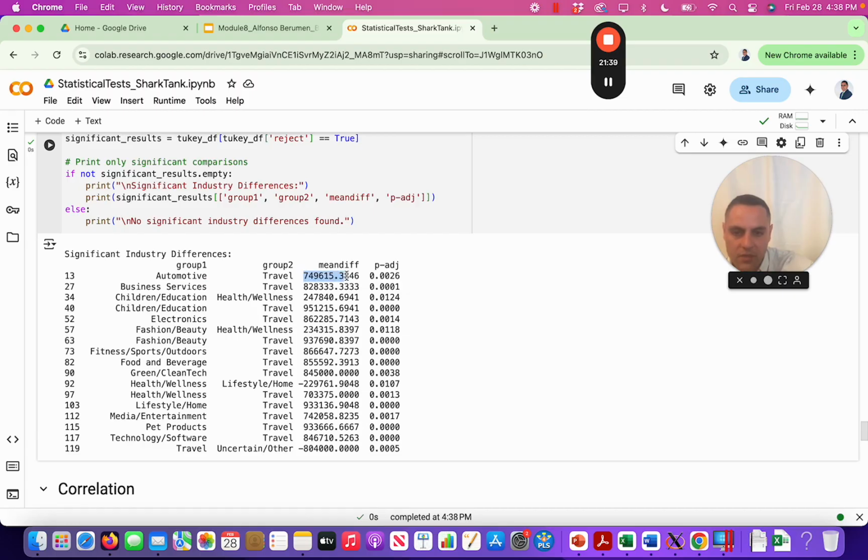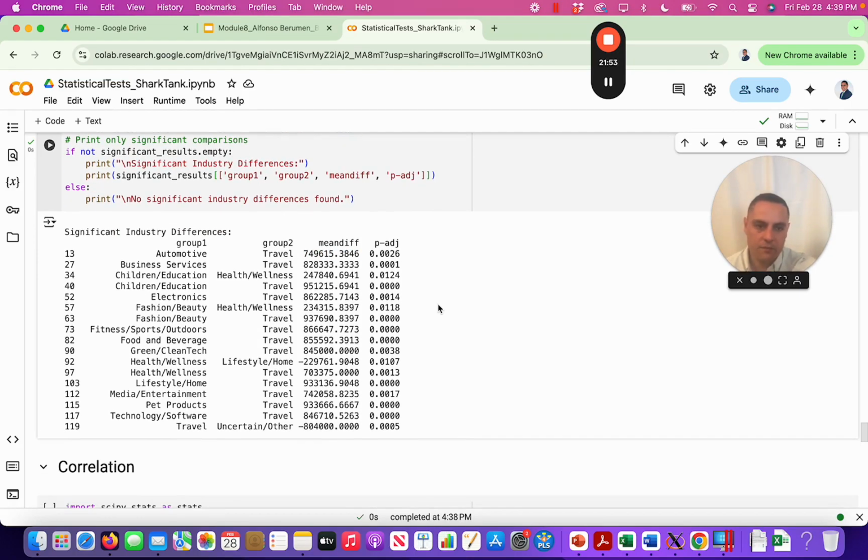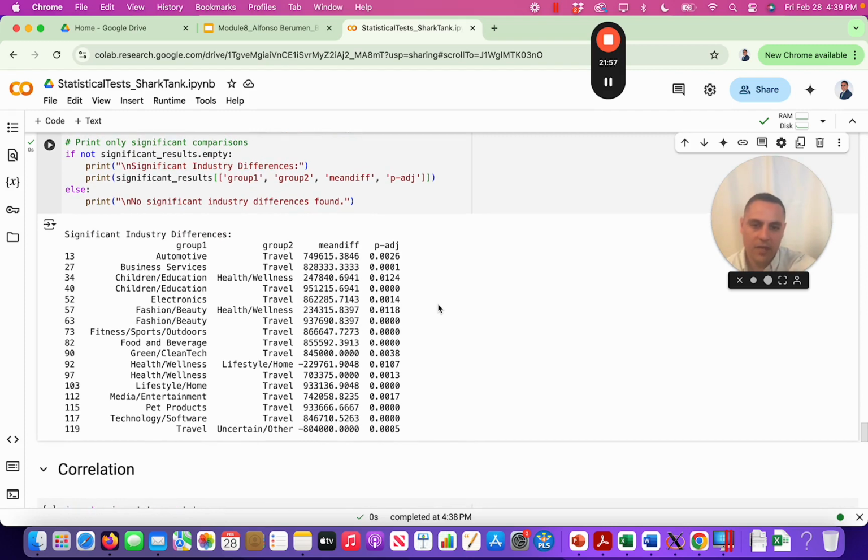And it actually shows us the average difference between these groups, or these pairs, in terms of the deal amount.